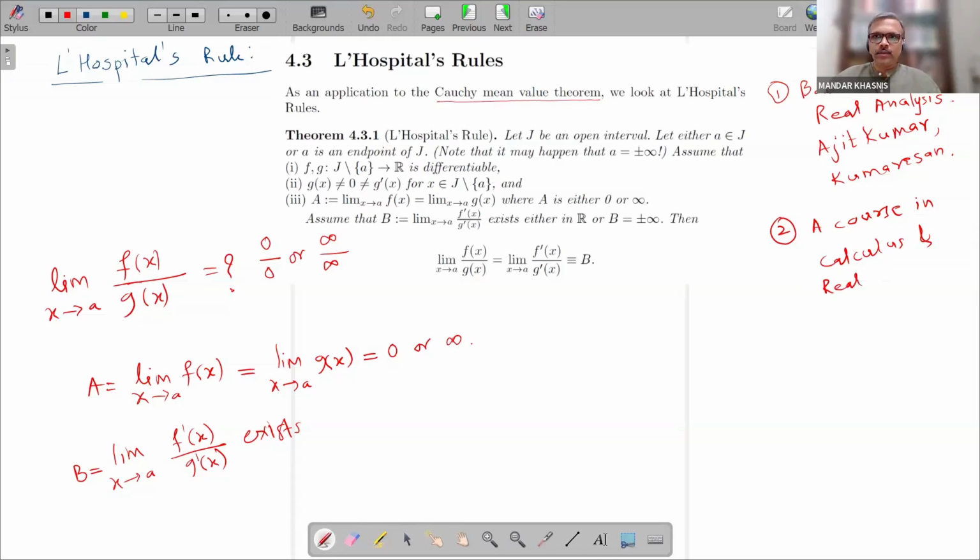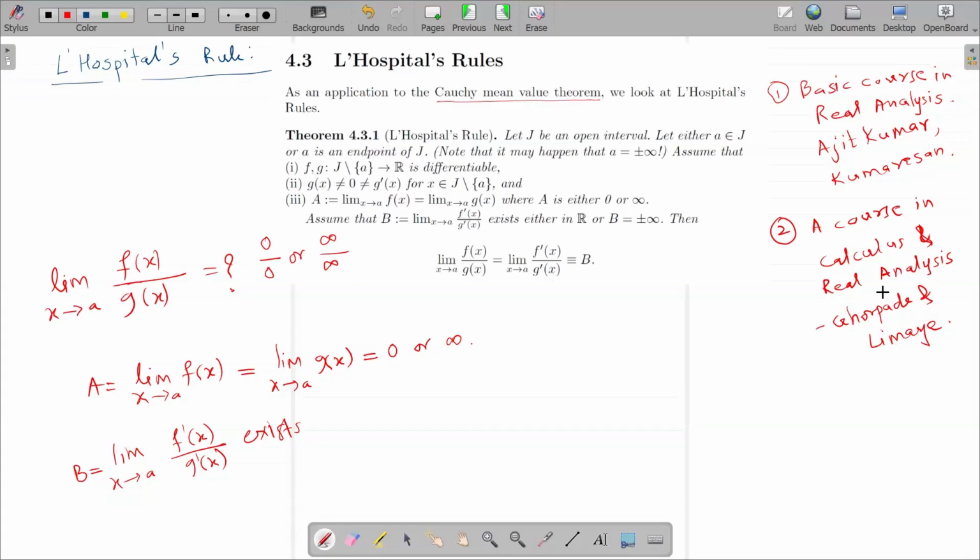There are two books by the same authors. Another one is Advanced Real Analysis. So this is the basic one, and the authors are Ghorpade and Limaye. Very famous. Have you come across this book?